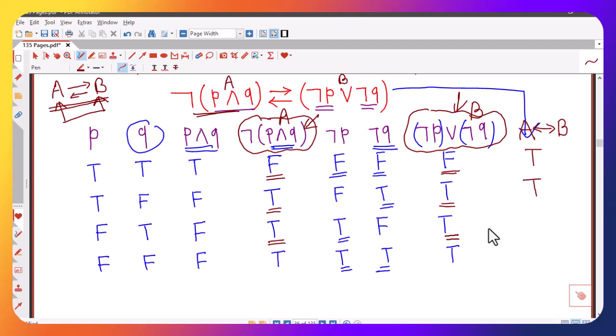Here also, and here also, the same truth values, therefore the biconditional is true. So this last column is the truth table which indicates the truth values for this biconditional statement.